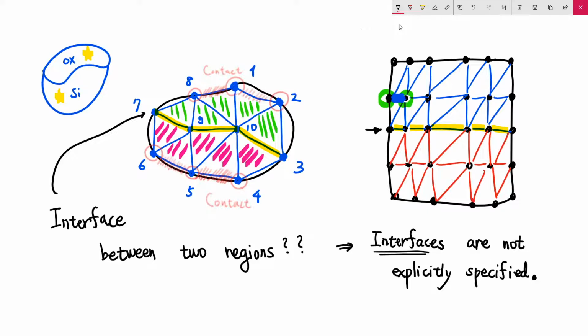So my response to your answers is that three opinions are quite interesting, but in reality, interfaces are not explicitly specified. That is my answer. Then, once again, the natural question is, if interface information is not explicitly provided, then how should I calculate it?